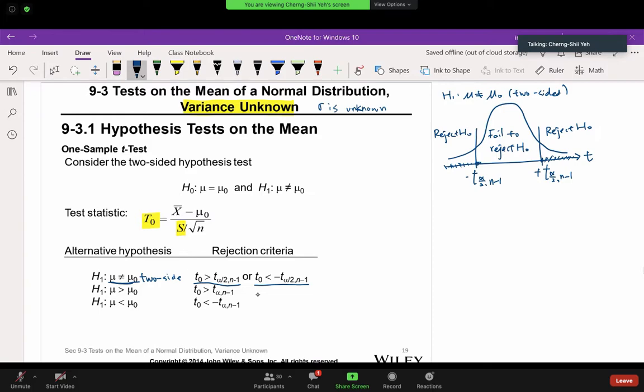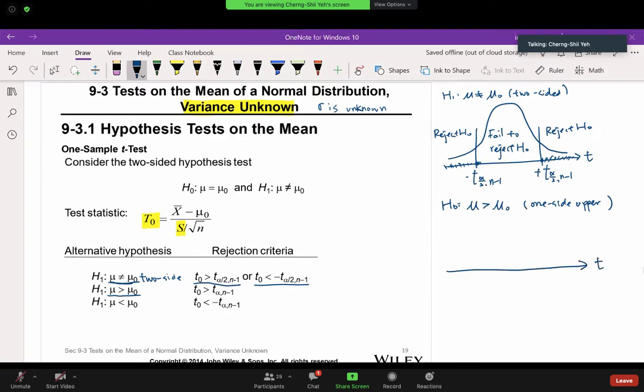Now I want to slow down and look at the second case. And I like to associate each one of them with a graph. When I write my alternative hypothesis as mu greater than mu naught, that means this is a one-sided upper bound hypothesis testing. So I'm going to sketch it here.